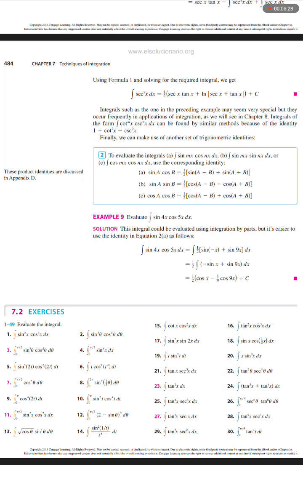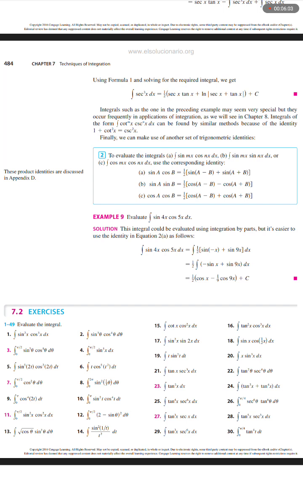Part B, sine A sine B equals 1/2 [cosine(A minus B) minus cosine(A plus B)]. Part C, cosine A cosine B equals 1/2 [cosine(A minus B) plus cosine(A plus B)].